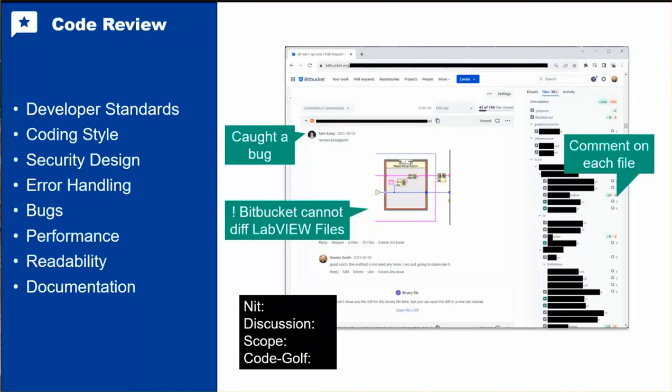So for our case, we're using Bitbucket, and that way we can go in and comment on individual VIs. We use a lot of screenshots to do it in LabVIEW. None of the review tools are well optimized for LabVIEW at this point. You can see here this binary file. LabVIEW is not able to tell me, and it sure would be great if it could.